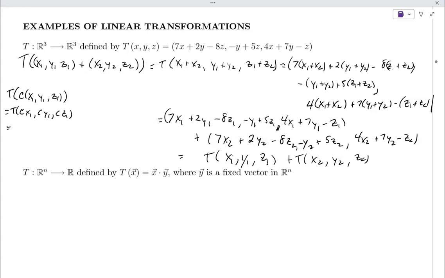So 7c x1, 2c y1, 8c z1, minus cy1 plus 5cz1, 4cx1, 7cy1.